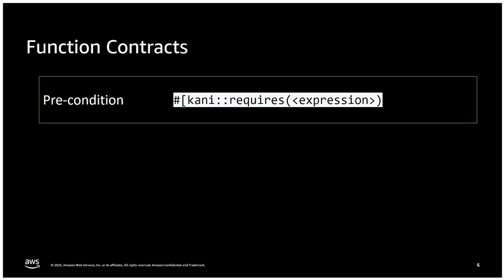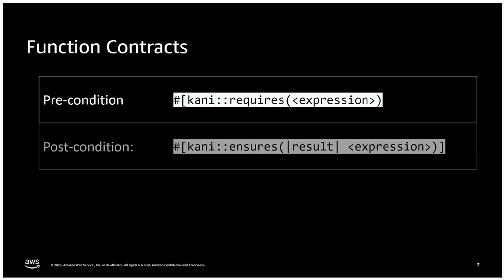For function contracts, like many other tools, we have preconditions that can be specified as kani::requires with a certain Boolean expression. We have postconditions that can be specified using kani::ensures. And for the ensures clause, what we found to be useful is to provide a closure.